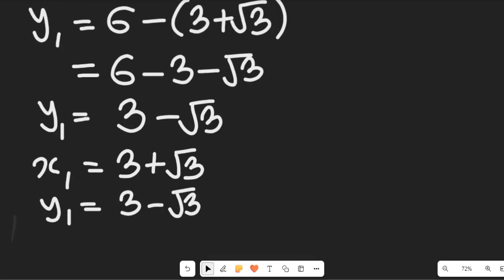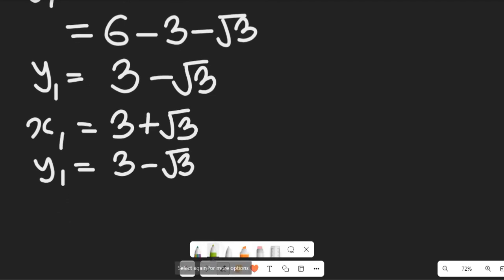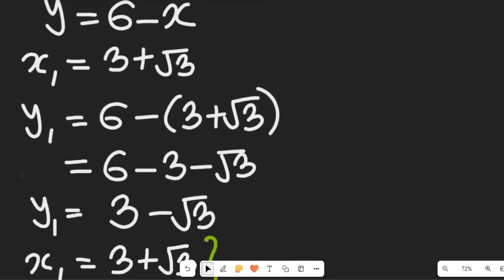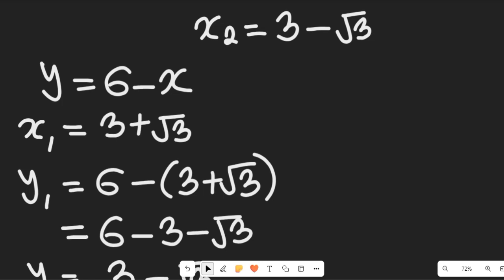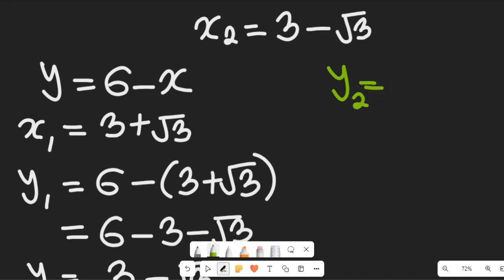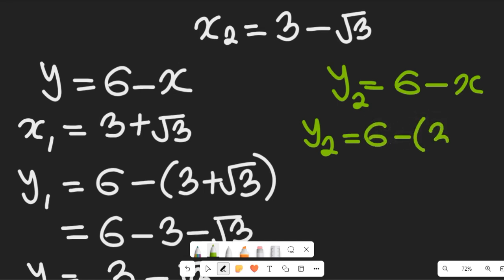So if we have these two expressions, we can simply find the value of our x2, because from this point you're going to see that x2 is 3 minus root 3. So if we take the value of our x2, then y2 will be equal to 6 minus x. So the value of our y2 will be equal to 6 minus 3 minus root 3.